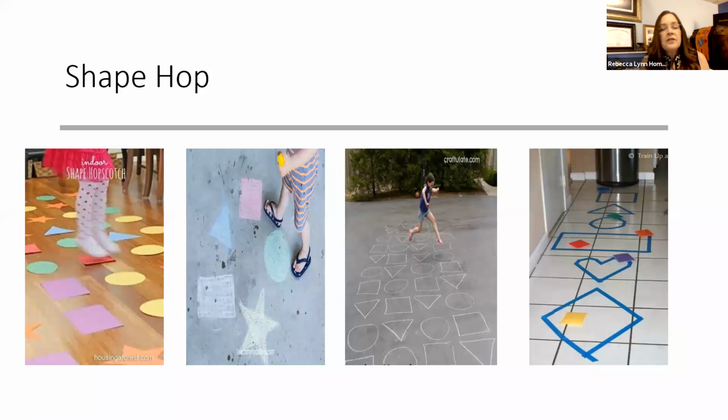Show them a card with a triangle and ask them to find a triangle on the ground. Or show them a circle and say, step on anything except a shape that is a circle. Or if we're playing inside, we can use that painter's tape and make the shapes on the floor and toss the bean bags. Toss the bean bag onto the triangle, onto the diamond, onto the heart, onto the rectangle.